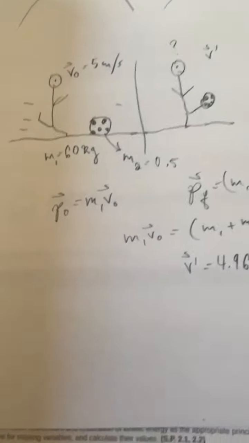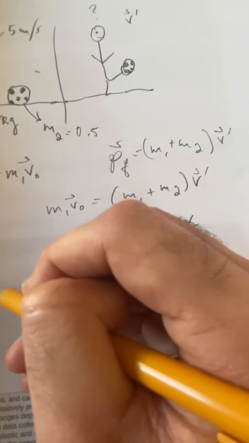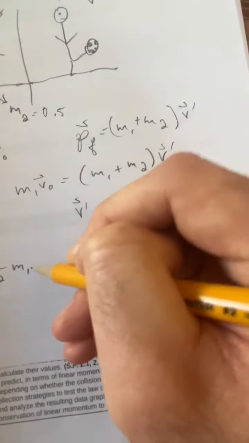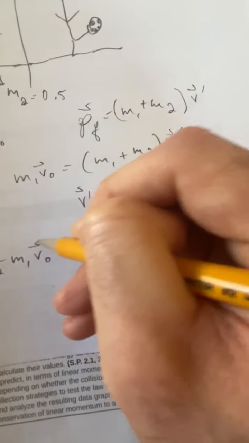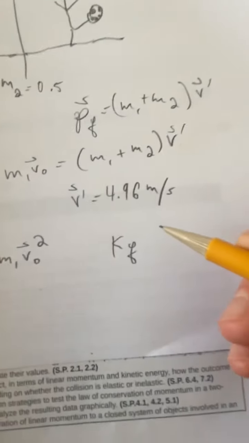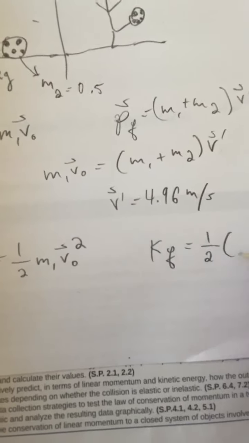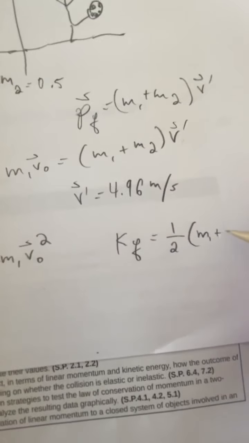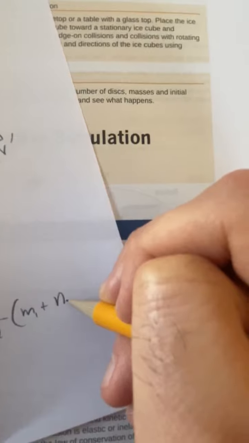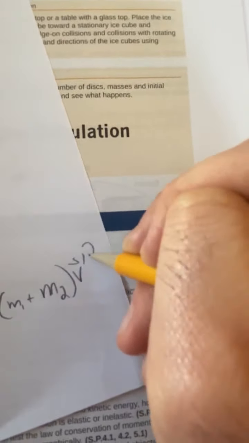So we might then want to compare the initial and the final kinetic energy. If we look at the initial kinetic energy, K naught, that's just going to be 1/2 m1 v naught squared. Then the final kinetic energy is going to be 1/2 times m1 plus m2 times v prime squared.